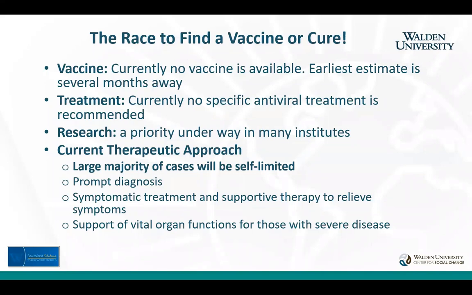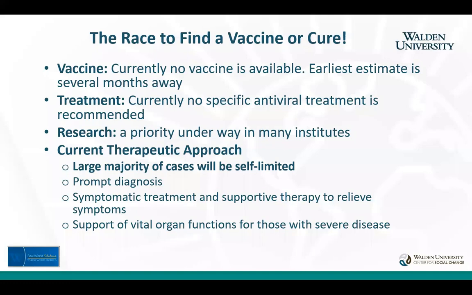Those who do experience critical illness, and as we mentioned, 5% of patients will experience critical illness, these patients will need vital organ support, and that will include supplemental oxygen, mechanical ventilation for ARDS, and if other vital organs are affected, they will need support for kidney functions, liver functions, etc.